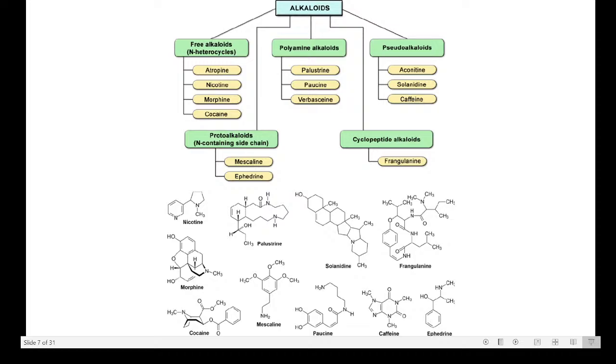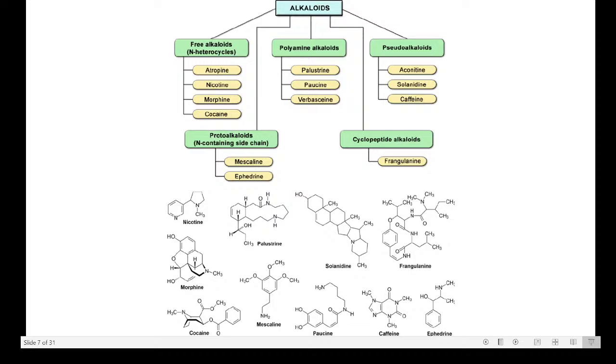The free alkaloids are atropine, nicotine, morphine, cocaine. These are all the free alkaloids, that is N heterocycles. I stress this because from an examination point of view they ask which category of phytoconstituent cocaine comes under. That is N heterocycles. N heterocycles come under the category of alkaloid.